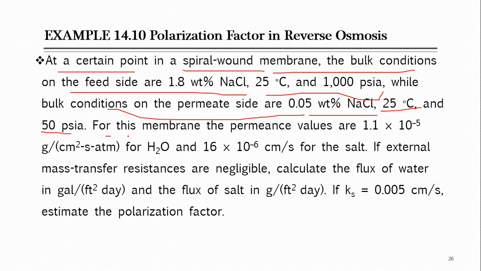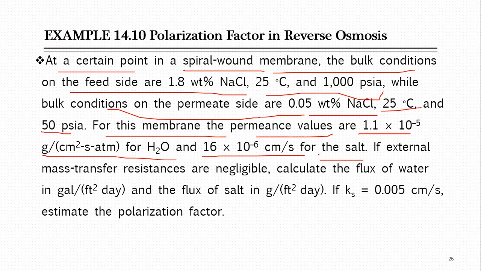Then for this membrane, the permeance values are also given directly. The permeance value for water is 1.1 times 10 to the power minus 5. That is actually permeability divided by the thickness of the membrane, so that's directly given to you as the permeance for water. And also 16 times 10 to the power minus 6 centimeter per second for the salt.